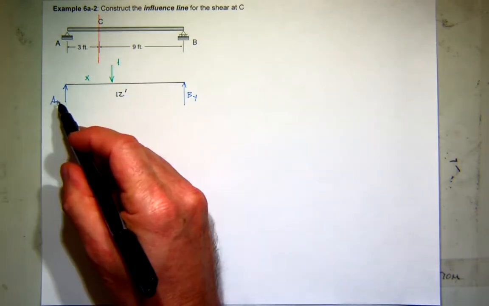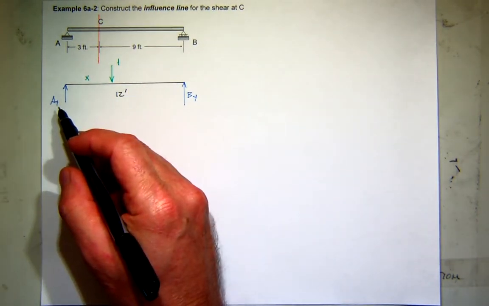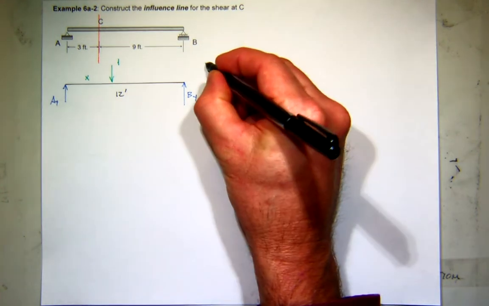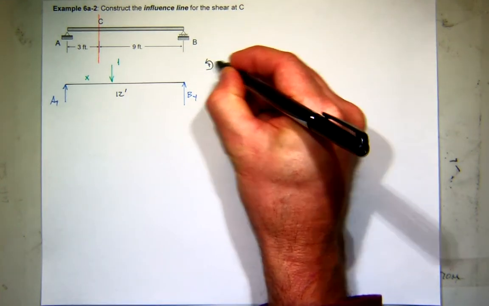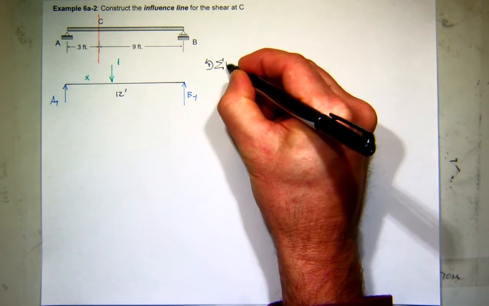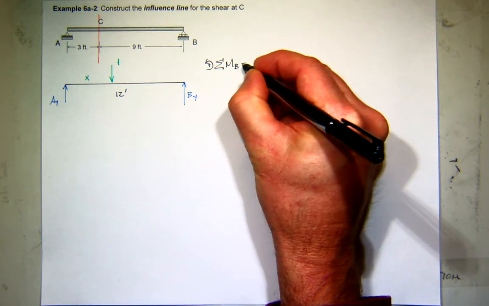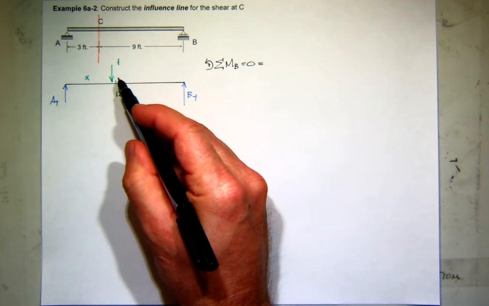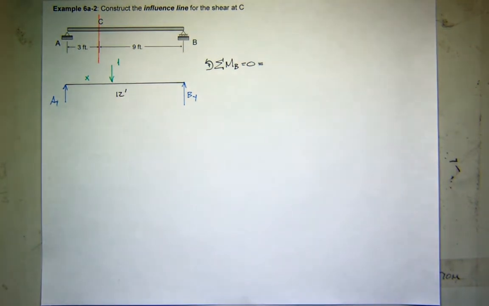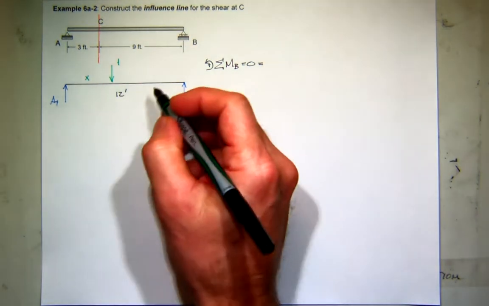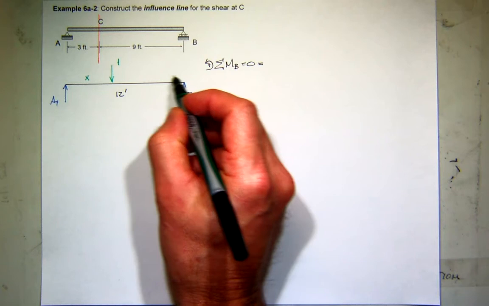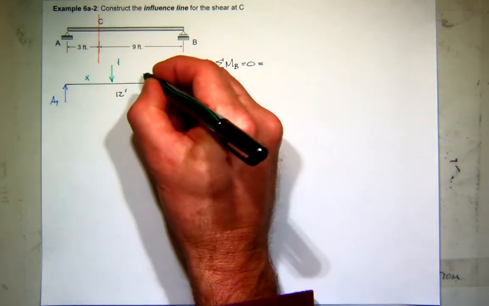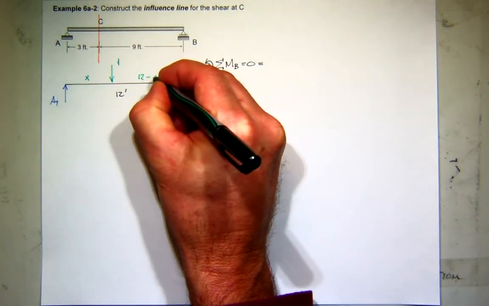So how do I find AY? Sum moments about B. So let's do that. So I will sum moments about B, make sure it's in equilibrium. When I do that, my unit load is going to create what kind of moment, positive or negative about B? What's this moment arm? Yeah, it'll be 12, the total distance minus x.